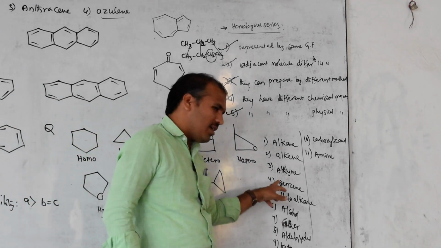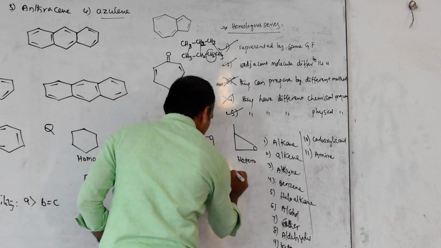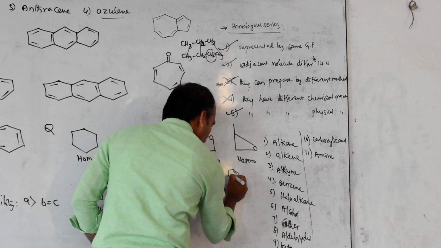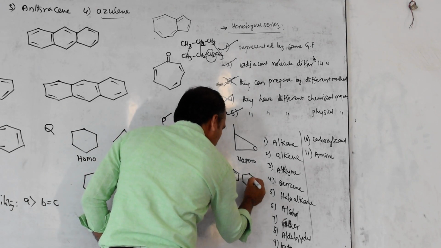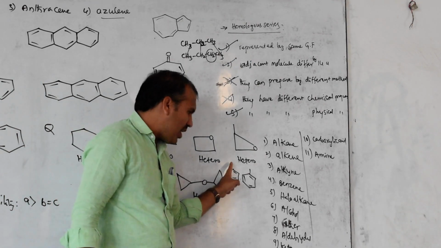Now, take benzene. If you write toluene like this, this is benzene and this is toluene, a substituted benzene. How many hydrogens are there?